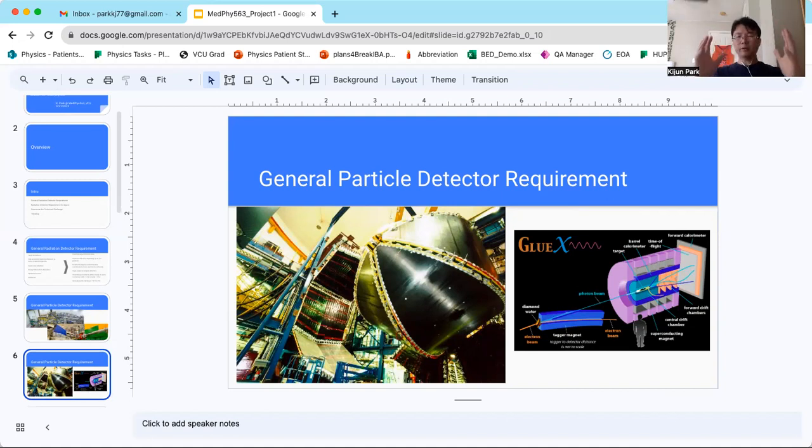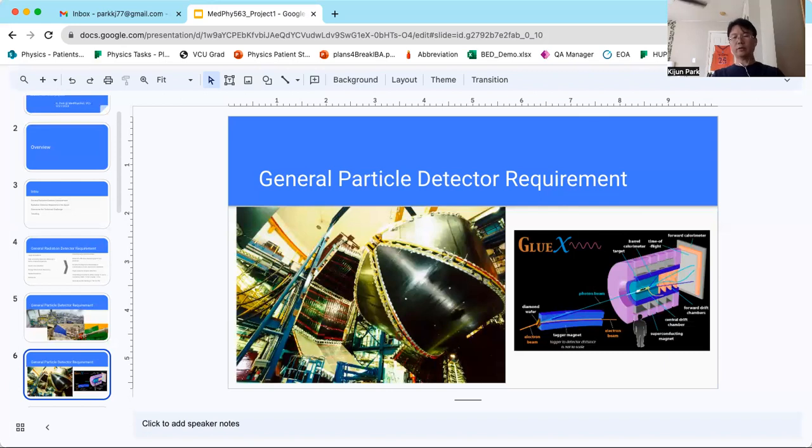It covers the entire momentum space and also the energy space, and can cover the 4-pi area in the center of mass system, catching as many particles as it can.